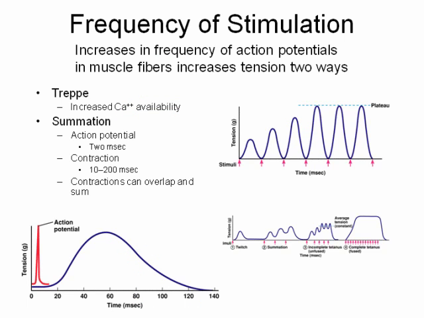The second way that you can increase tension by stimulation is summation, similar to what we saw in neurons, that an action potential lasts 2 milliseconds and the contraction lasts 10 to 200 milliseconds.